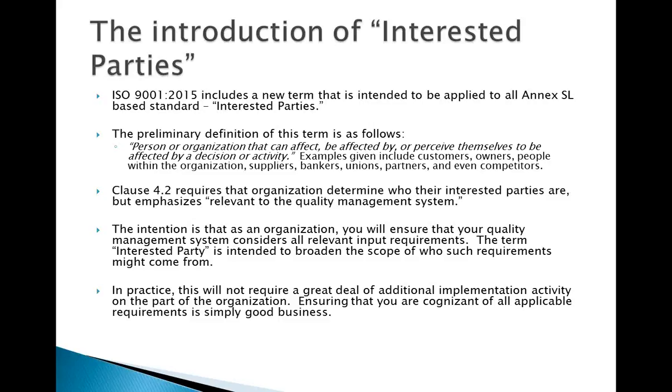And the intention is that as an organization, you're going to make sure that your quality management system is considering all relevant inputs. And the term interested party really is intended to kind of broaden your perspective on where those requirements might come from. Now, in practice, will this be all that different from how we already view inputs to the system? Not so much, but it is intended to get you thinking about what this might mean.